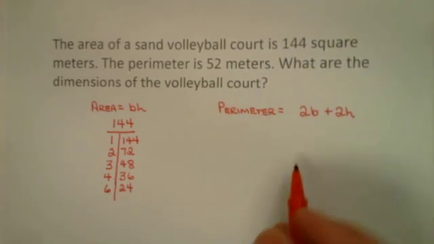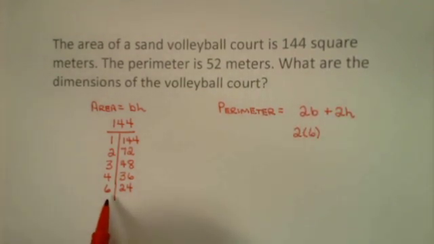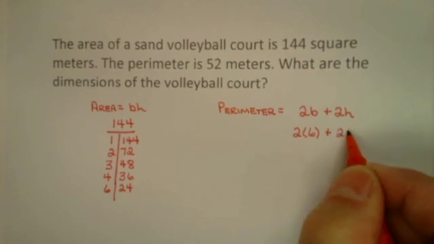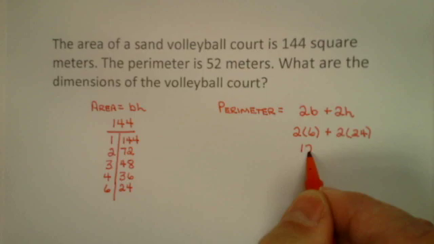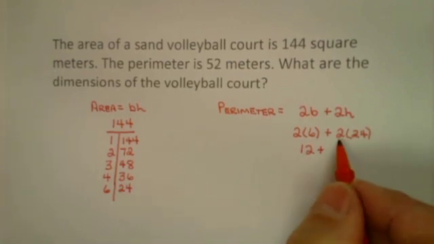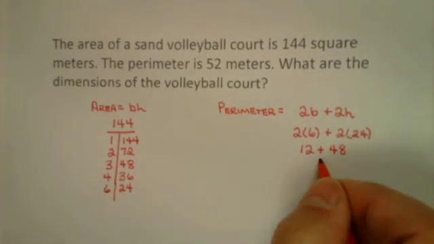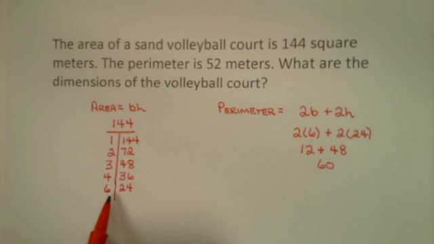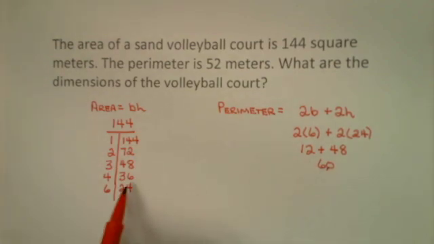So let's check these two numbers. 2 times 6, because that's one of my numbers I'm checking, plus 2 times 24. 2 times 6 is 12, and 2 times 24 is 48. And 12 plus 48, 60. If I use these two numbers as the dimensions, I'll get 60 meters as my perimeter. Not the one I'm looking for, but I'm getting close.